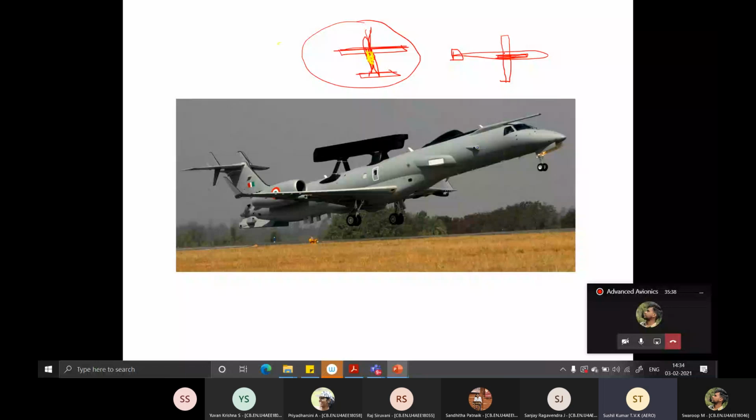That rotating disk is structurally very weak, okay? And we don't want mechanically rotating stuff. I already gave you the hint. I want to avoid that mechanically rotating stuff, but still I want 360-degree coverage.